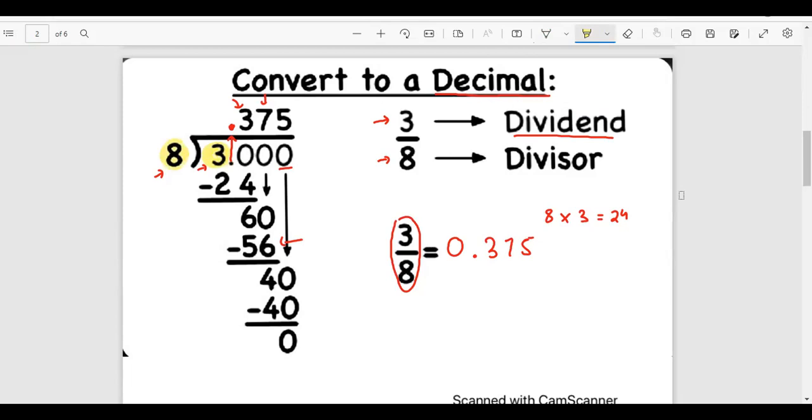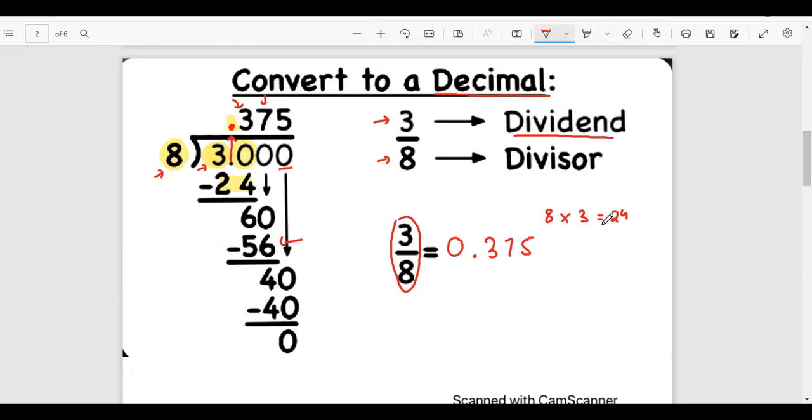Since 3 was less than 8, I had to take this decimal. Because of this decimal, I could take a 0. Now I need to consider 30. 3 into 8 is 24. And that is how I just did my usual division. So this gave me 0.375. 0.375 is the decimal number, and that is how I would be converting.